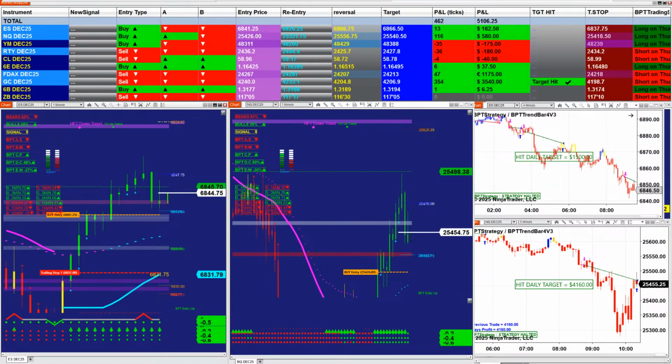It's gonna go up again. Pullback, re-entry. Do not panic.